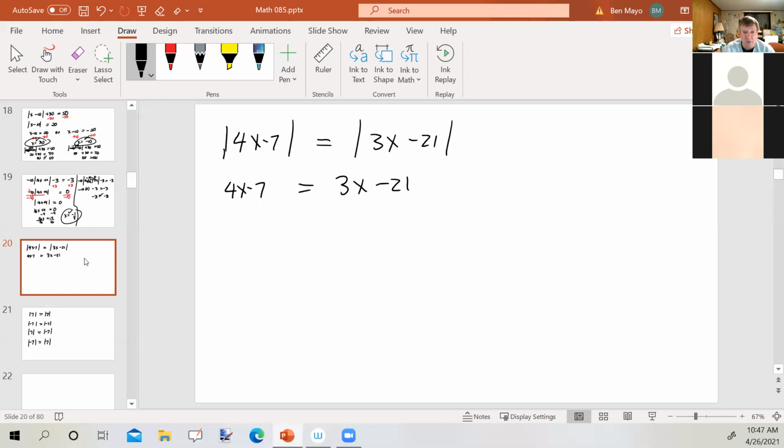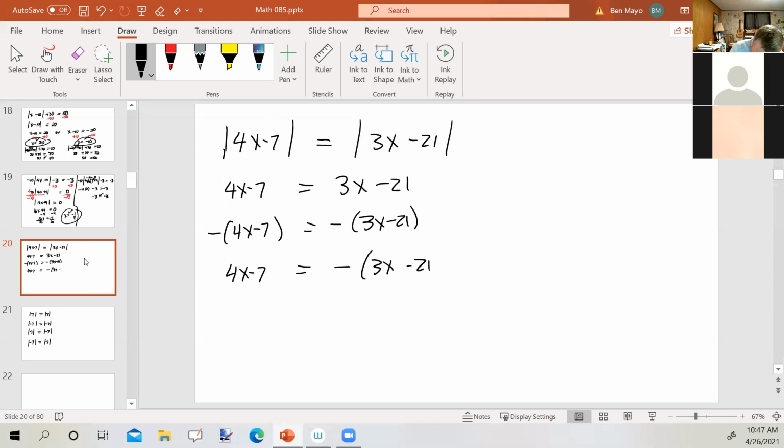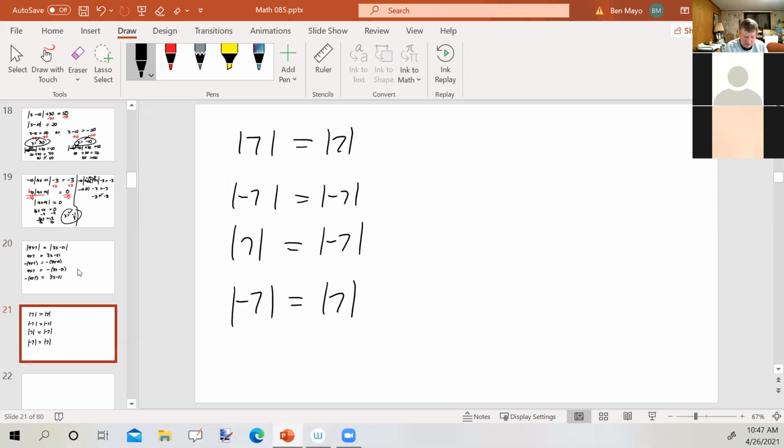That's one possible scenario. The opposite of what's inside here could equal the opposite of what's inside there. That's another scenario. Or we could have what's inside of the first one equals the opposite of what's inside of the second one. Or we could have the opposite of the first one equals what's inside of the second one. So I've got those same 4 different scenarios.